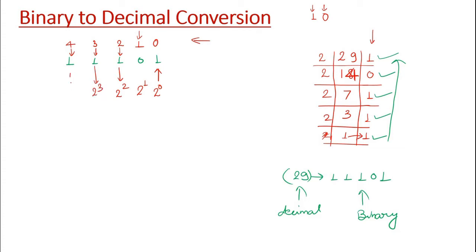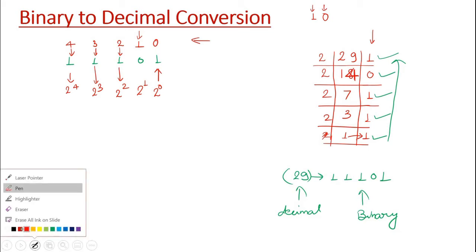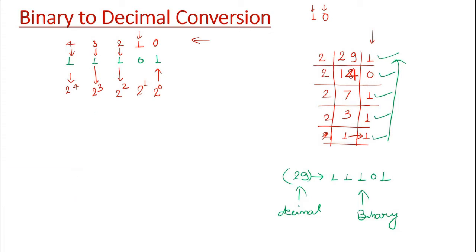And here we will write 2 to the power 4. Clear? What are we going to do next? We are multiplying these numbers with our bits. Till now, what we have calculated are the decimal place values, but for that we have to multiply with the original bits. So first let's calculate 2 to the power 4. 2 to the power 4 is 16. 2 to the power 3 is 8.